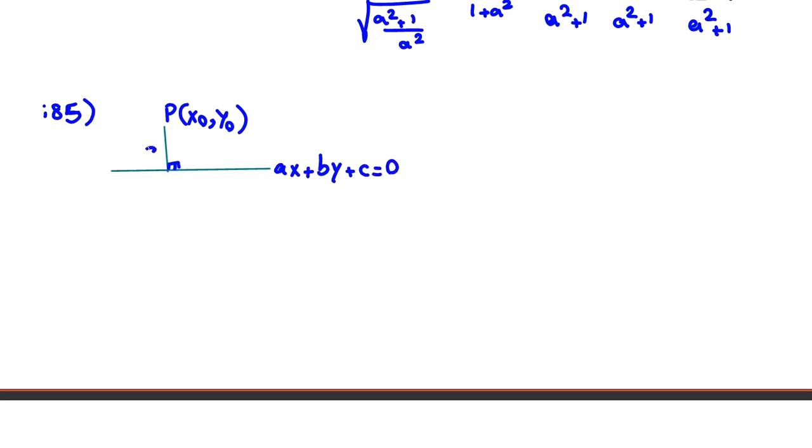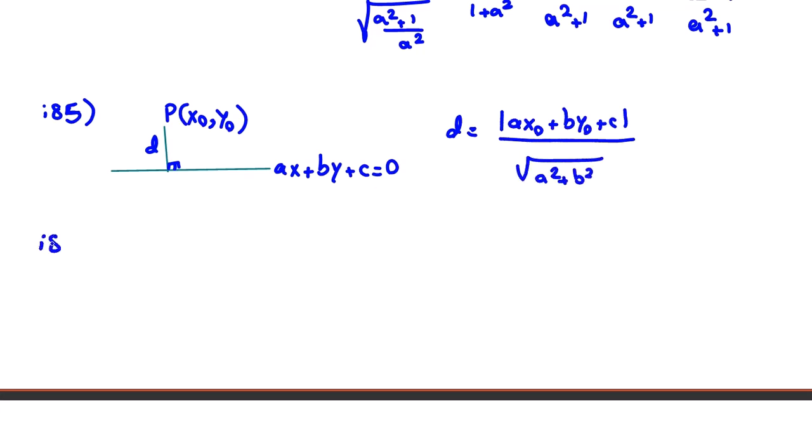The distance d here is the absolute value of ax0 plus by0 plus c over the square root of a squared plus b squared. And we know the distance of 2 points, which is so much easier. For example, (x1, y1) and (x2, y2).